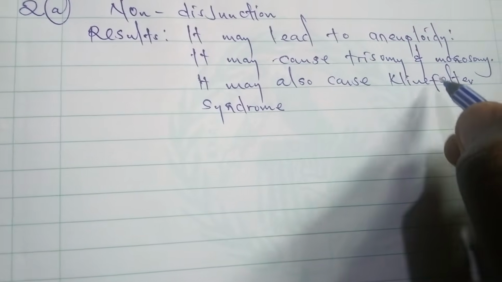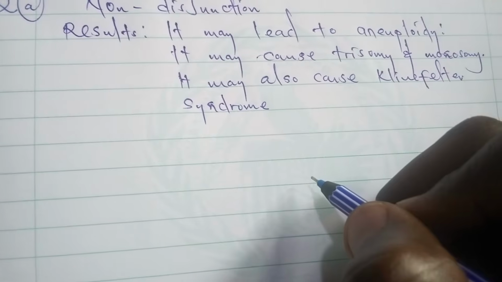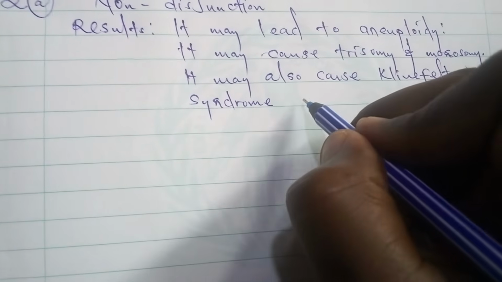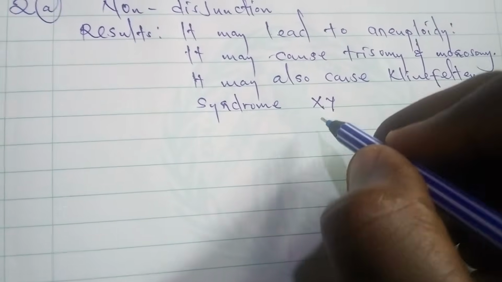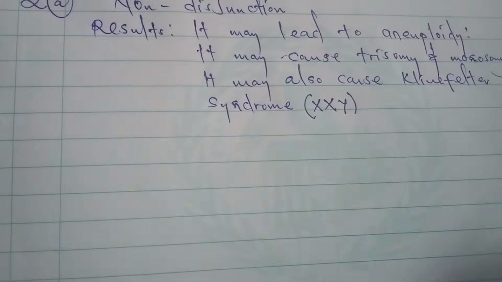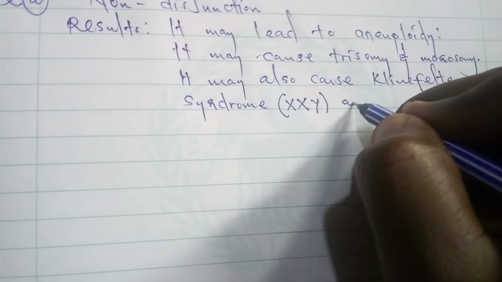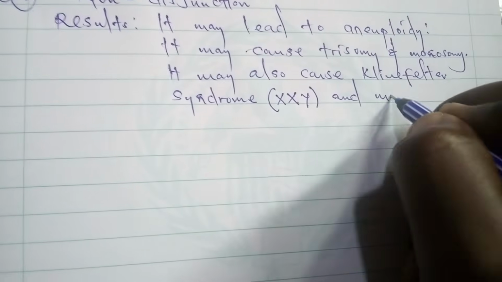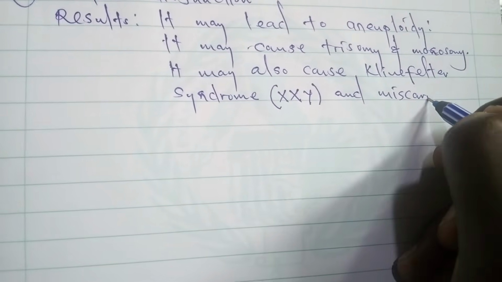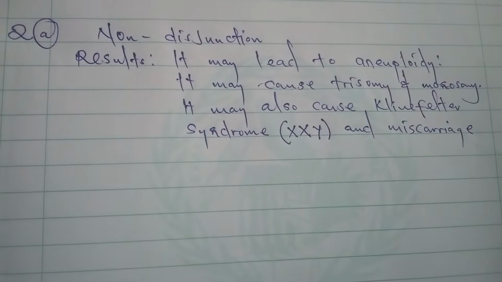That is the genetic disorder where a male has an extra chromosome. So instead of the normal XY, there is an extra X. So this condition is what we call Klinefelter syndrome, and it may also cause miscarriage. So these are the required solutions.